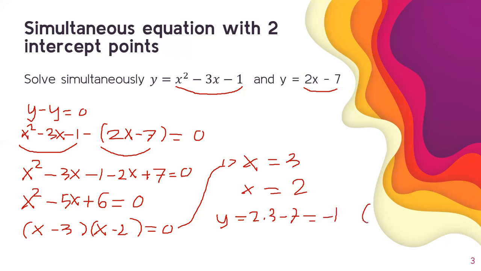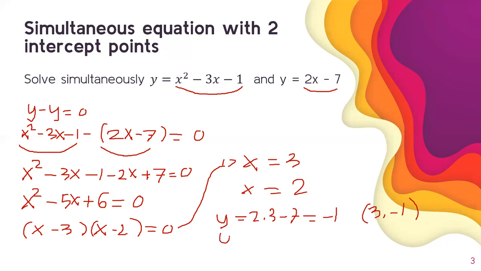So the first intersection point, x comma y, is 3 comma negative 1.